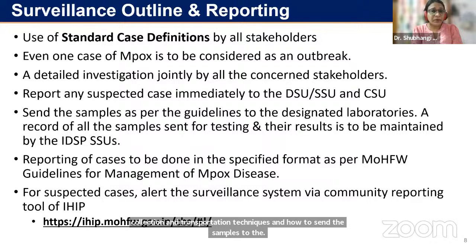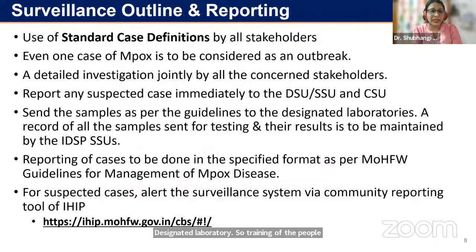So training of the concerned people who are involved in the sample collection and transportation is also very crucial at this moment. Reporting of the cases is to be done in the specified format, which is already available in the guidelines for the management of Mpox disease on the MoHFW site, and we have to use the same format for reporting.